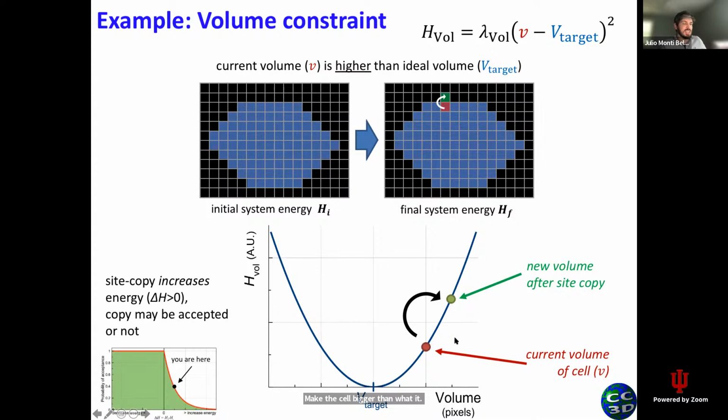If you do this copy attempt, you'll be increasing the energy of the cell, moving it away from its target behavior. So that's a regime where the change in energy is positive, and you may or may not accept that copy attempt.